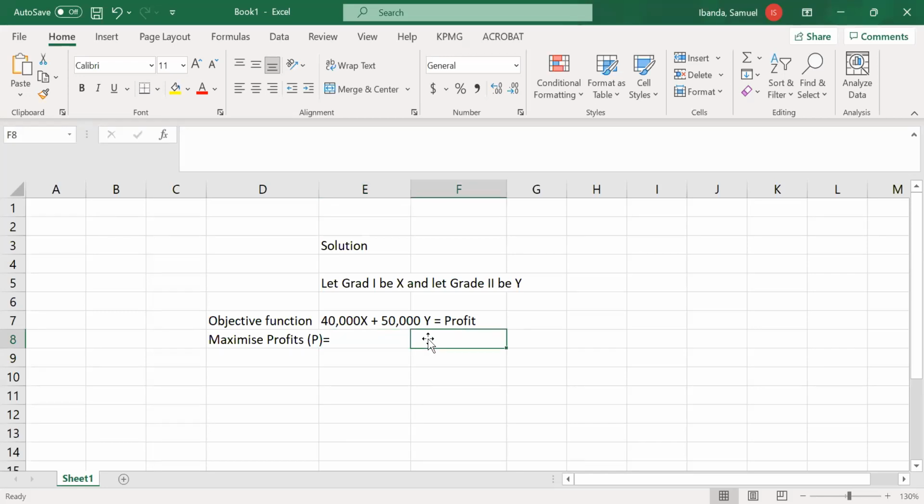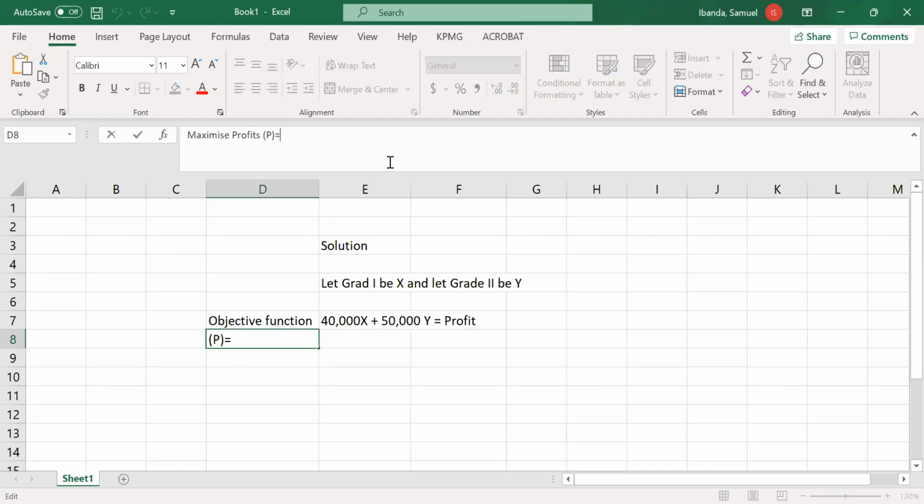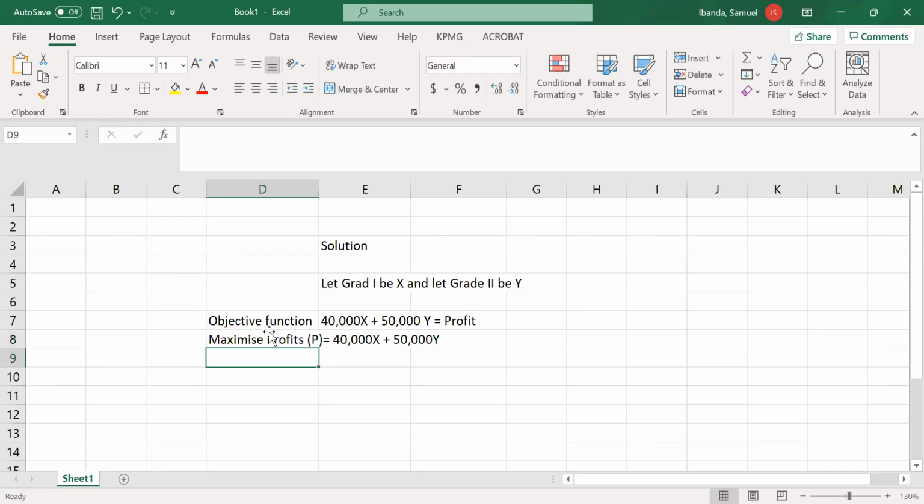Which we are saying is 40,000 X plus 50,000 Y, okay? That is what we are trying to do. So that is the first thing that I'm doing.